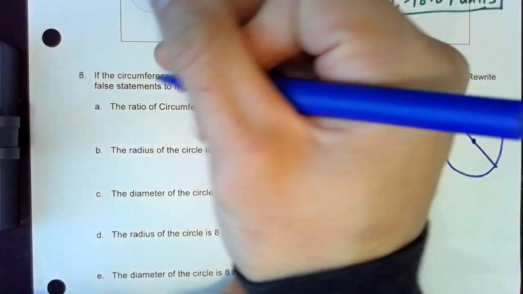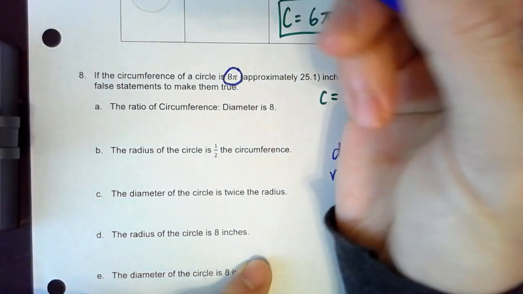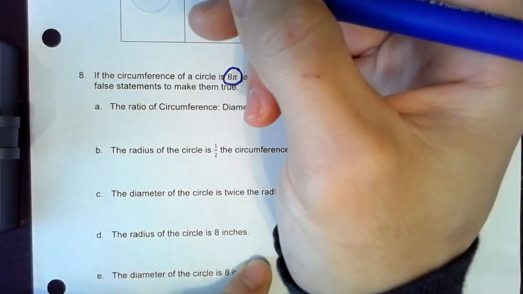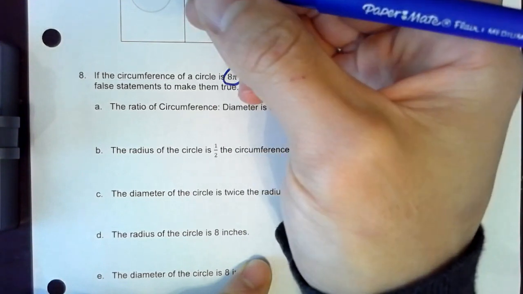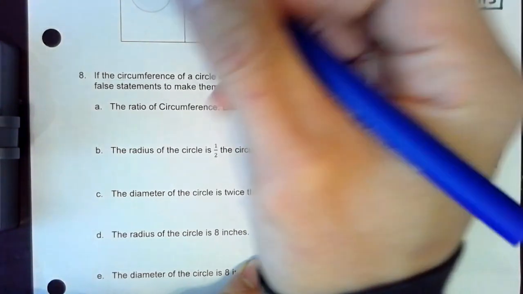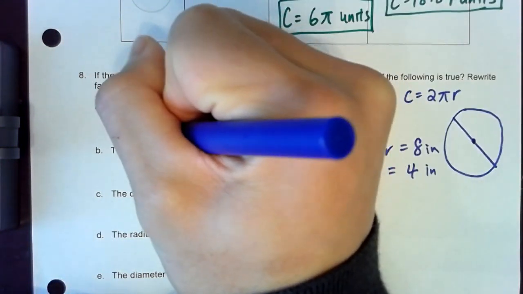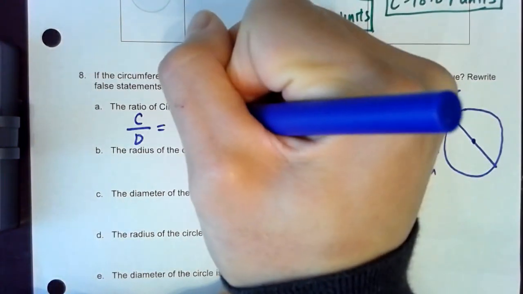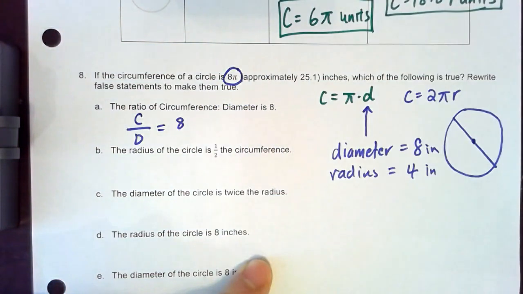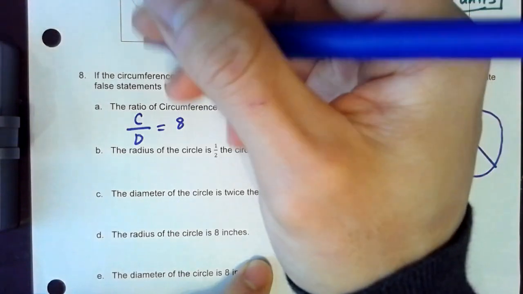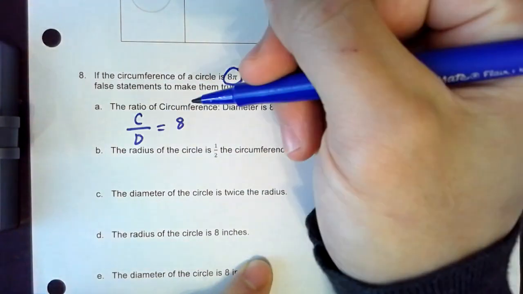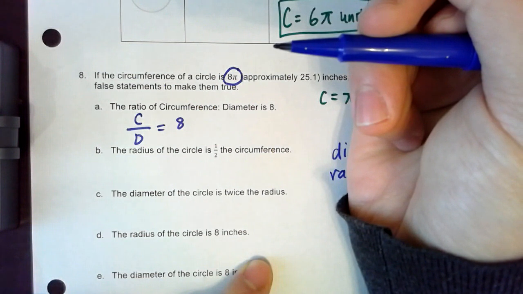Okay, so we also know that a ratio, for example, is basically a division, or it's a quotient, right? So they're basically saying C over D equals 8. Well, that does sound decently good, except we know that C divided by pi should be 8, right?